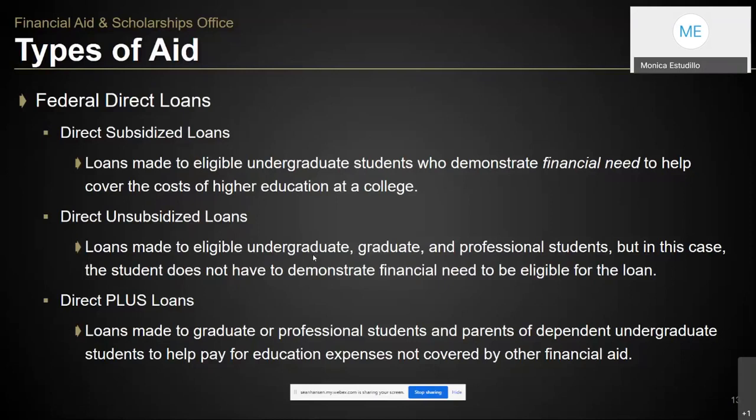And then another loan that you'll be offered is a Direct PLUS loan, which you'll see more for graduate students, but this is also going to be offered to your parents. So it's a loan that will be under your parents' name. That loan is usually offered anywhere from 10,000 to 20,000, depending on your financial aid budget.